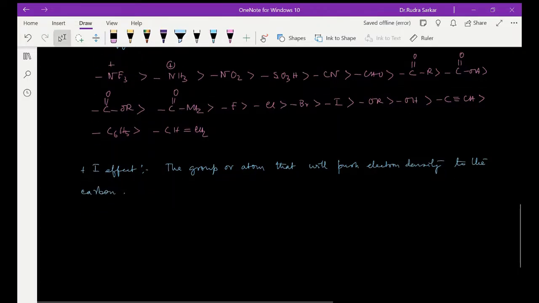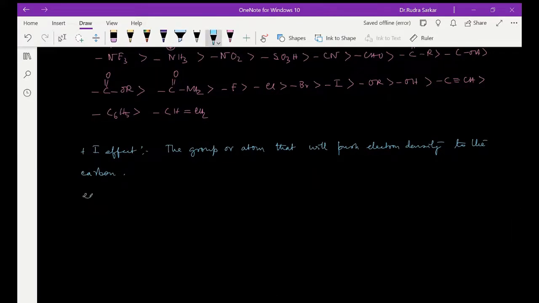Okay. Now, for example, we can say this will be done by, in general, any alkyl group. Okay. Not OH, but O minus will be pushing the electron density towards the carbon. Okay. The carboxylate group will also push the electron density towards the carbon.